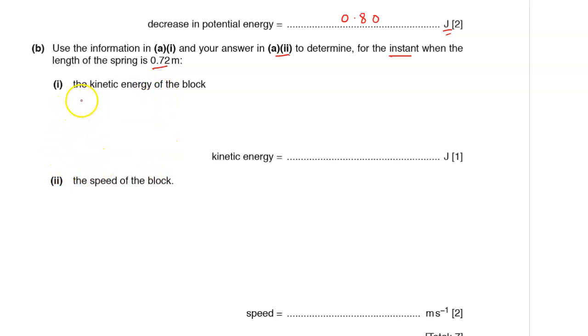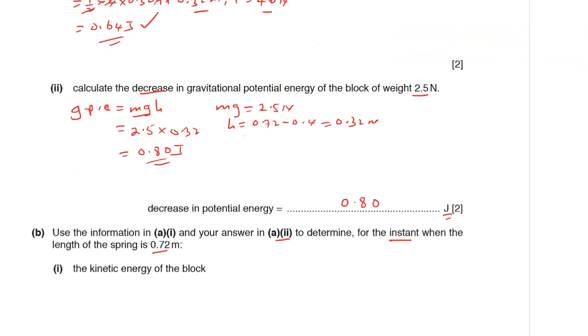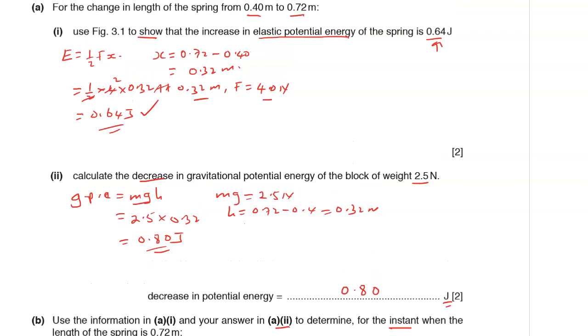Of course, the kinetic energy of the block will be the difference between the decrease in potential energy and the 0.64, which is the increase in elastic energy, right? The GPE is decreasing, and this one is increasing.